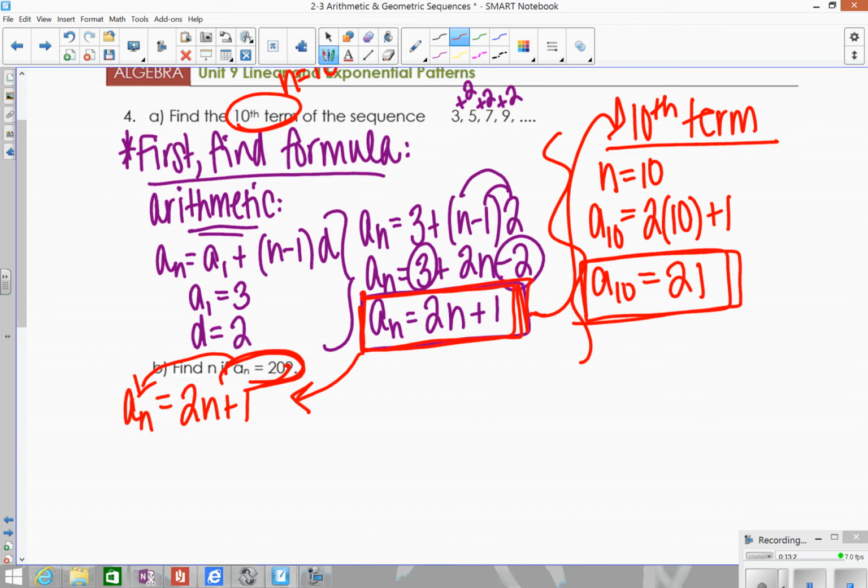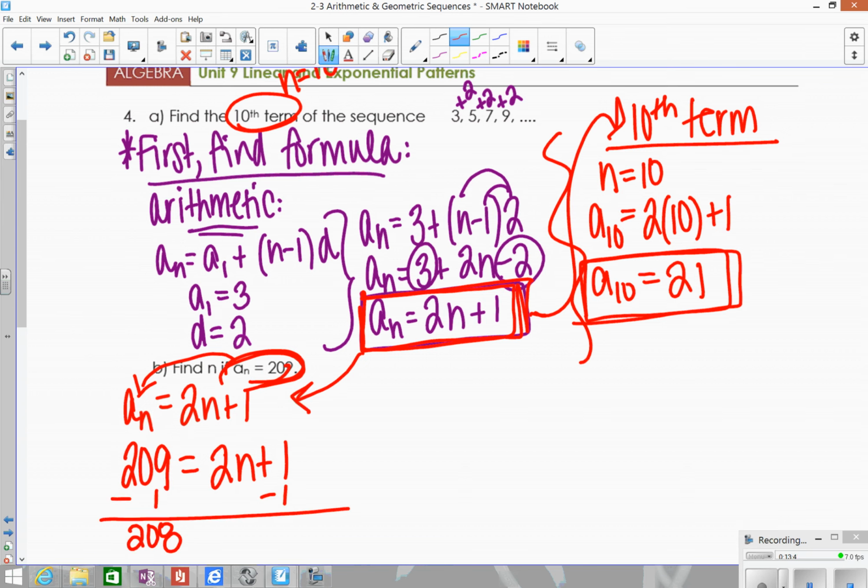I'm going to take 209 and plug it in for a sub n. So 209 equals 2n plus 1, and I'm just going to solve this like a normal equation. So subtract 1, and we get 208 equals 2n.